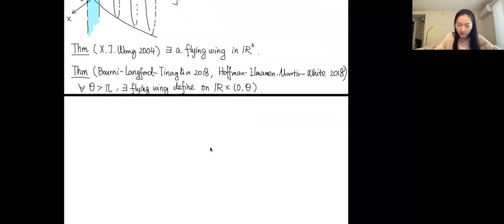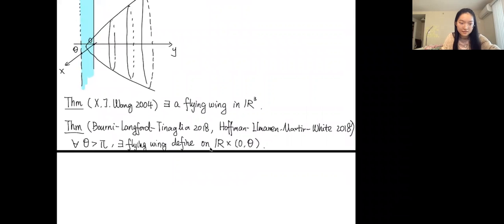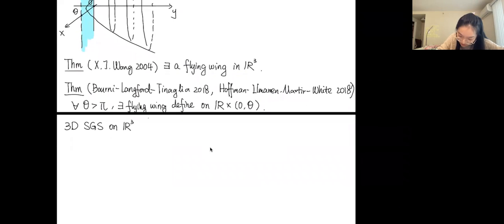Now let us summarize what we have done so far. I want to summarize everything in the following diagram and compare these two different objects. In the first column, we have the 3D static gradient soliton on R3, and we want to look at their asymptotic cones.